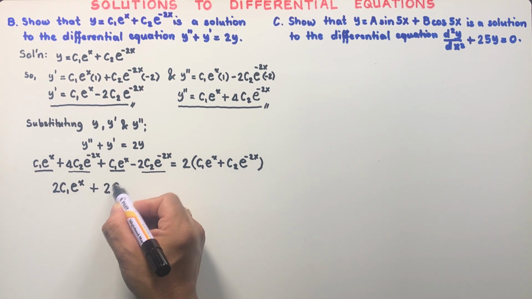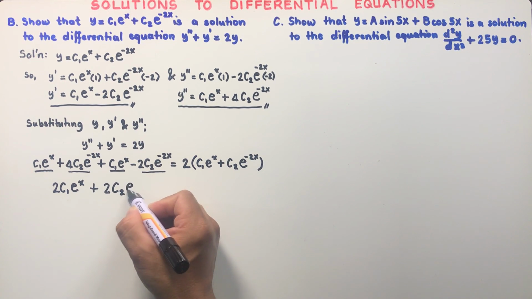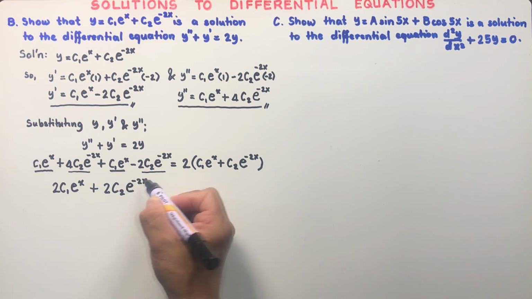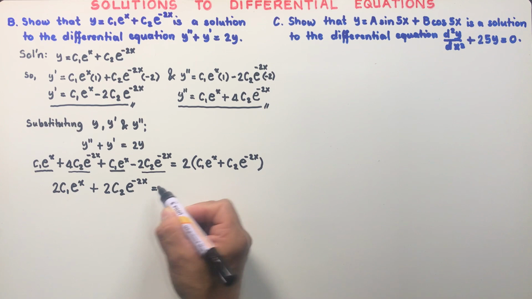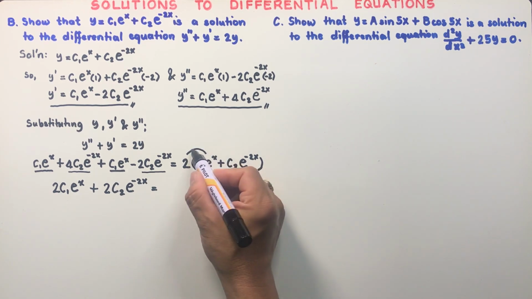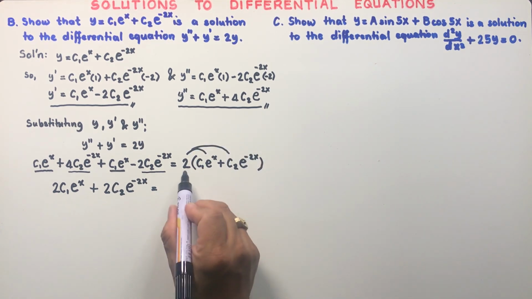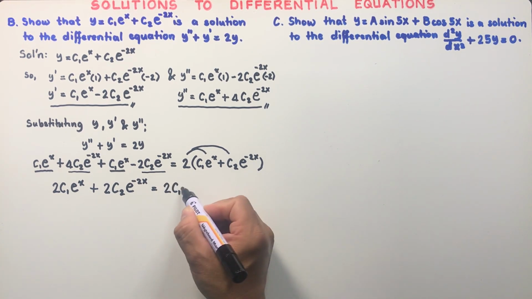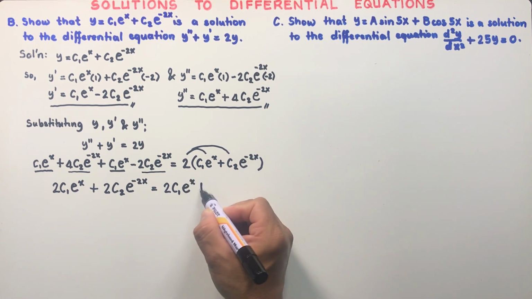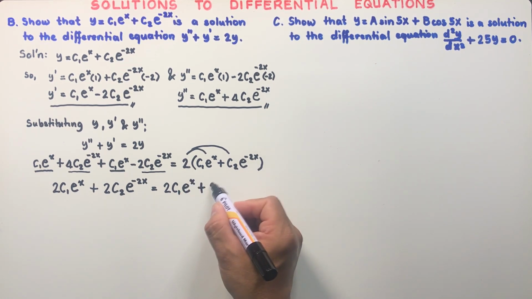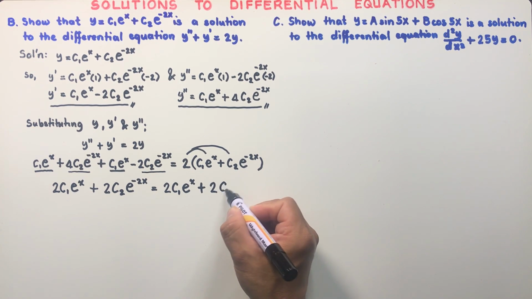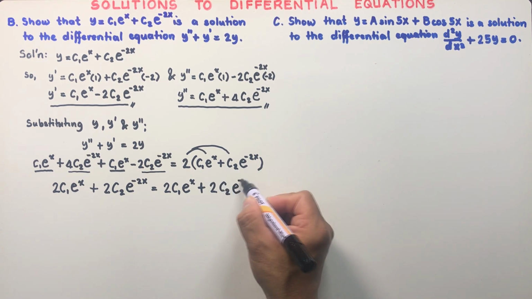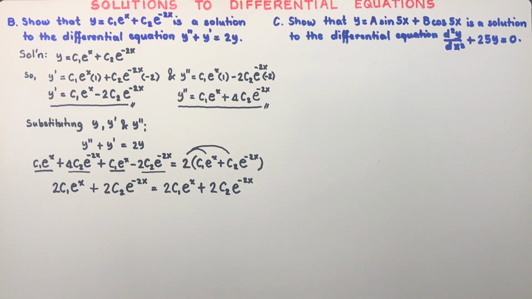So positive 2 c sub 2 e to the negative 2x, which is equal, if you distribute this 2 to this binomial, so 2 times c sub 1 e to the x is 2c sub 1 e to the x plus 2 times this one, that is 2c sub 2 e to the power negative 2x. And you can see that this is an identity here.